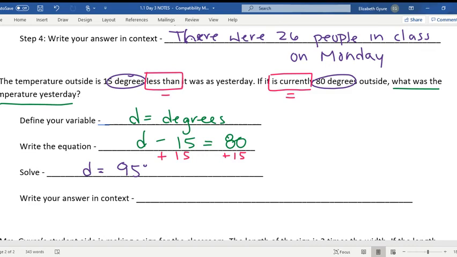Asia? Yeah, sure. Yesterday was 95 degrees. You could say the temperature yesterday was 95 degrees. A lot of different ways to phrase that. So yesterday, it was 95 degrees. Perfect.